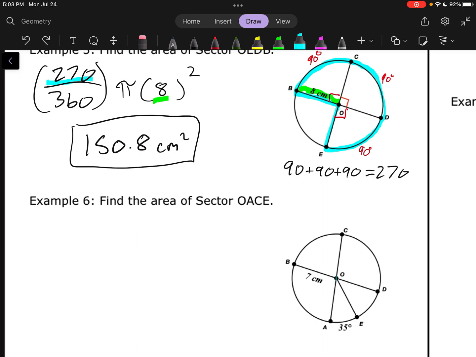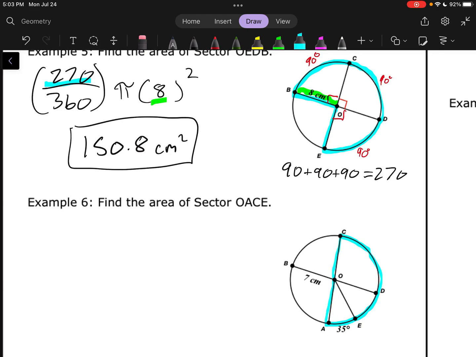But if I go O to A and this way, I'm going to hit E and then C, and then I could go back to O, but I wouldn't be able to follow the letters in the right order, right? So the way to follow the letters in the right order would be O to A to C to E.